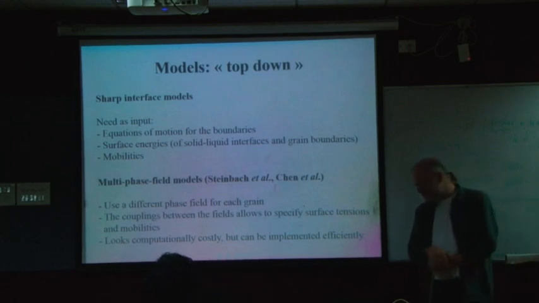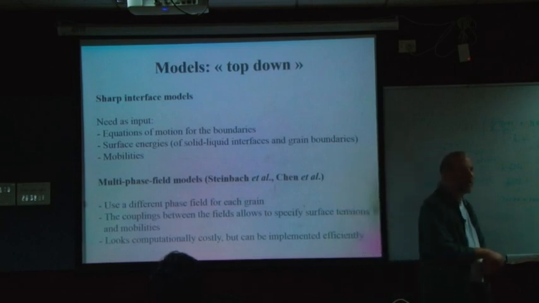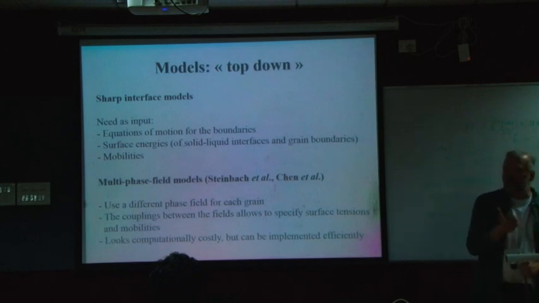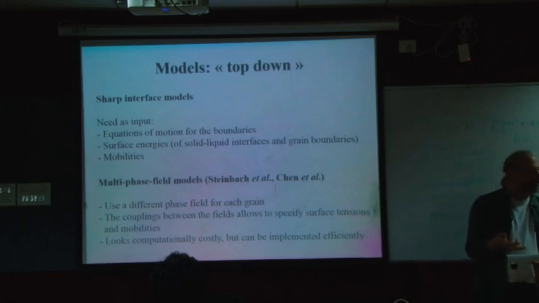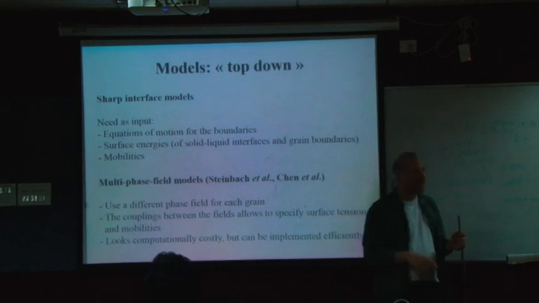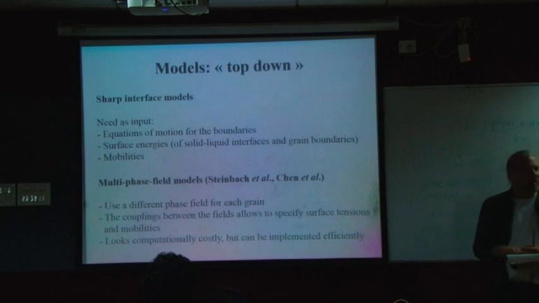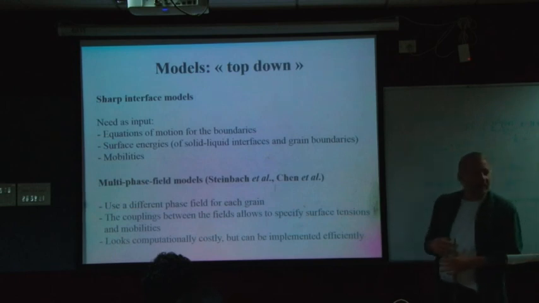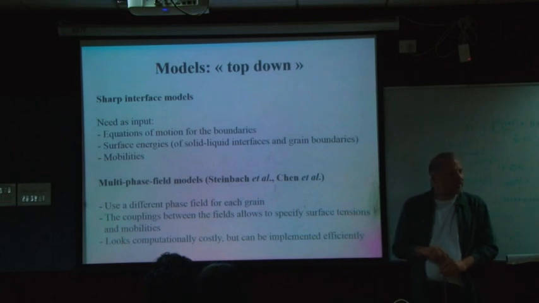It can be done because actually you don't need all the 10,000 phase fields in the whole space, because in a grain only one is non-trivial, in a grain boundary only two are non-trivial, so you need to take into account trijunctions and quadrijunctions. But the way this works is they have a big matrix in which they store which phase fields are non-trivial in a given space point, and then they solve only for these phase fields. But nevertheless, if you think about the code, it starts to get complicated.